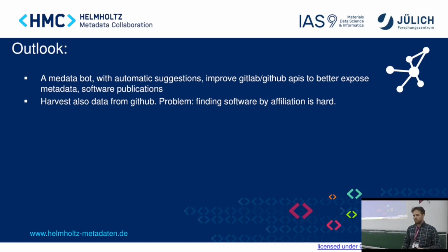Think a little bit about what you can do with this metadata. For example, my dream would be, since we have this information, I could write a helper bot, not just for metadata, but also for research software development, to check maybe if your license is valid according to your dependencies, for example, or you could have a bot that tells you, here you have a big active project, don't you want to create a citation file?